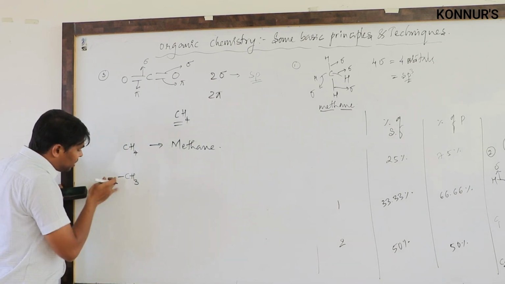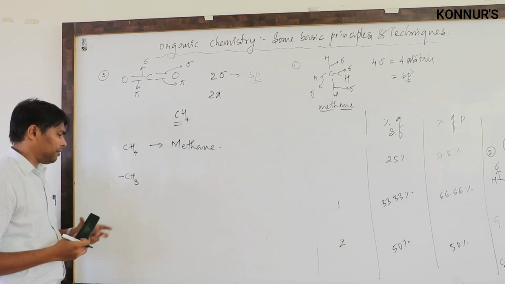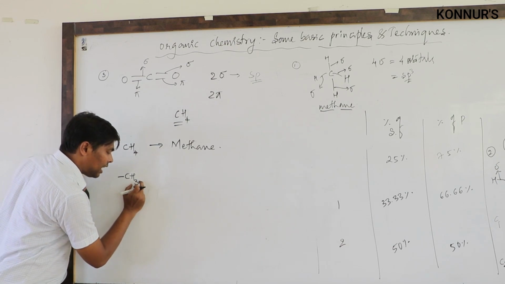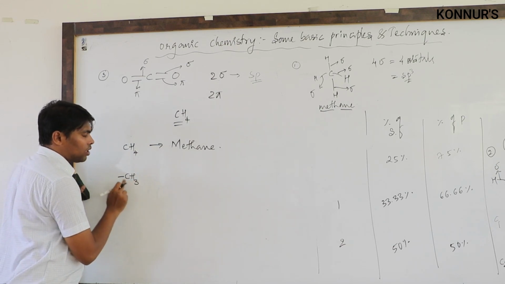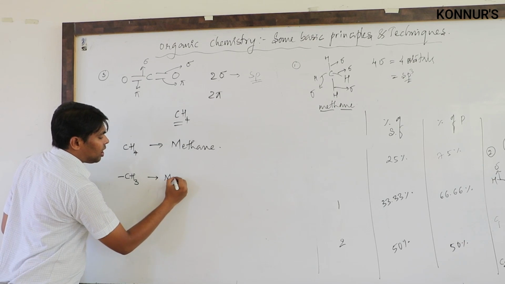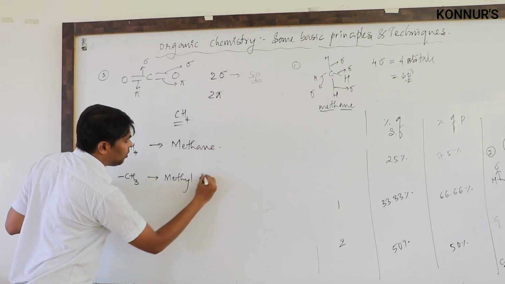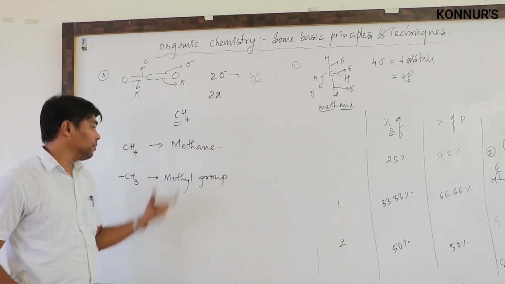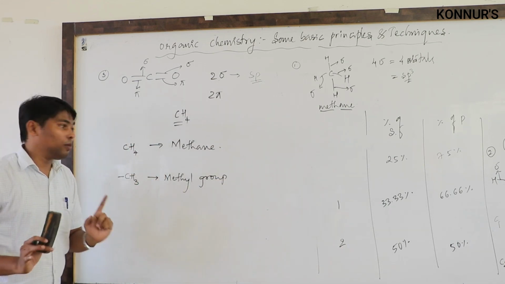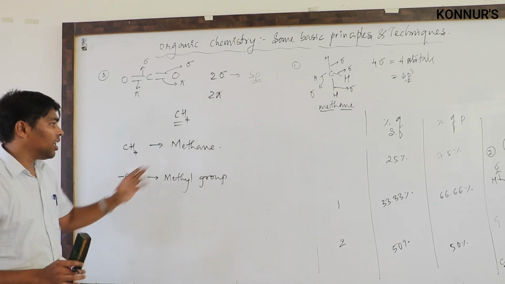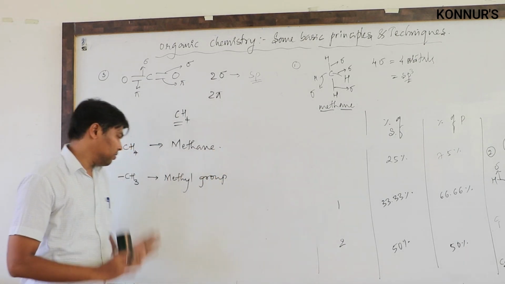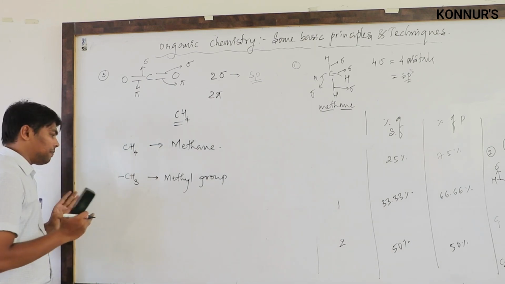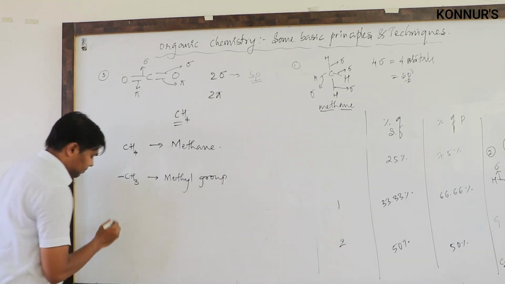It should be attached to some carbon chain. So here 1 valency, here 3 hydrogens. If a carbon has 3 hydrogens attached, that is called a methyl group. I have not written group for methane because methane is not a group, it is a molecule. Here this is a group attached to a carbon chain, so this is called a methyl group.